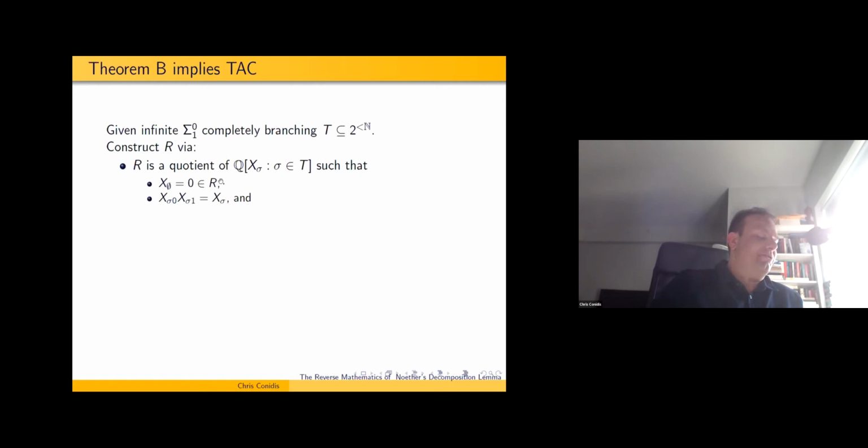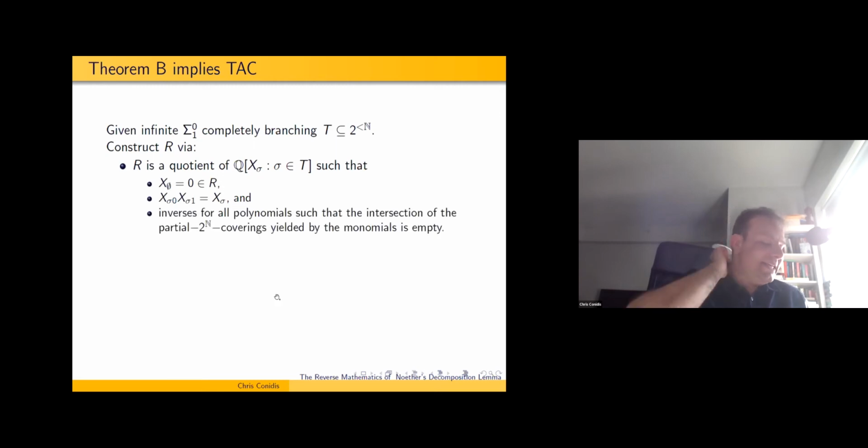This ring is a little bit similar to the ring in the previous proof. Once you impose the first two conditions, the last thing you need to do is create inverses for all the polynomials. We start with a polynomial ring where the indeterminates are indexed by the tree elements, over the rational numbers.